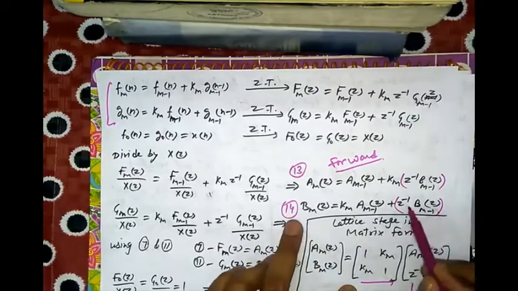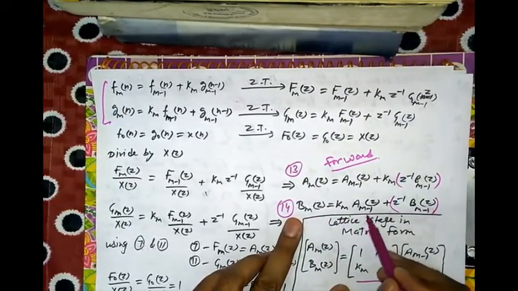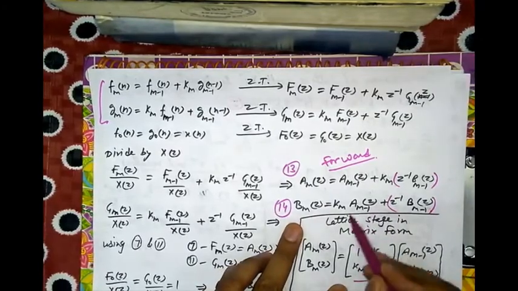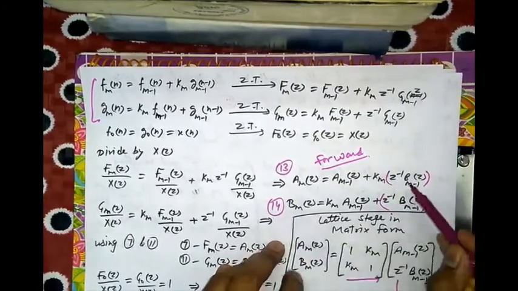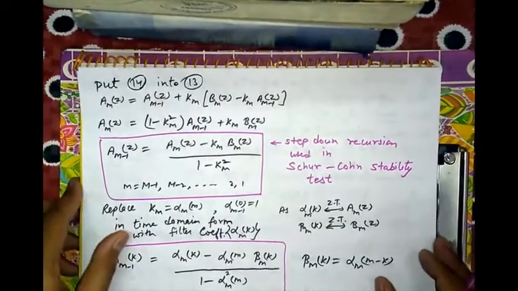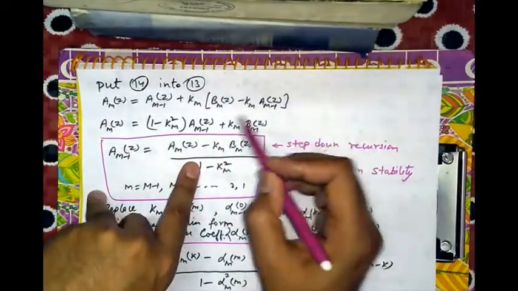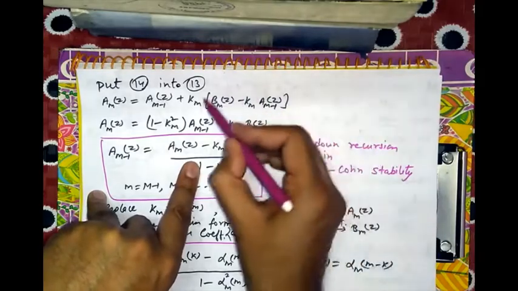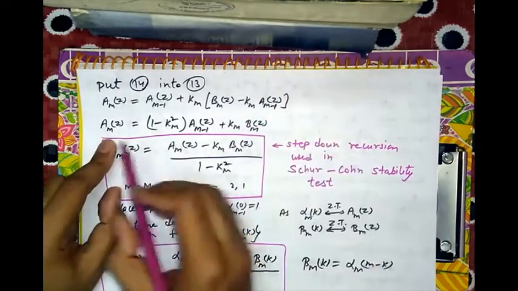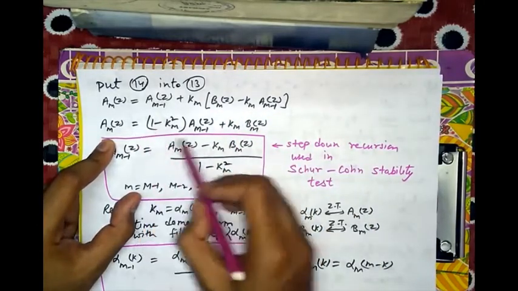So this value is equal to B_m(z) minus k_m A_{m-1}(z), and this value can be put here. So simply putting equation number 14 into equation number 13, and that z inverse B_{m-1}(z) is replaced here, and A_m(z) is multiplying further, and solving this equation.